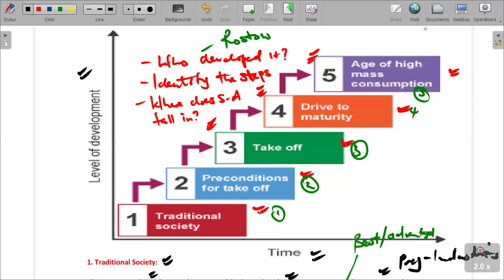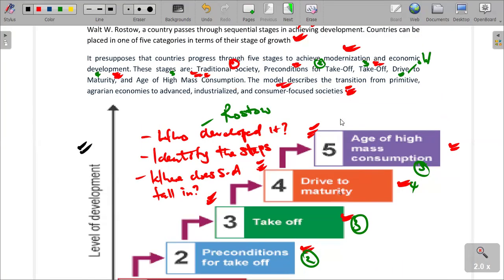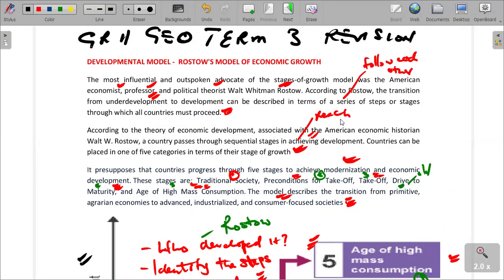So for us to be able to answer those questions, I just want us to quickly look at the model and analyze it as we go. So who developed the model? This is the Rostow development model, which was developed by one of the most influential and outspoken advocates who identified the various stages of growth.